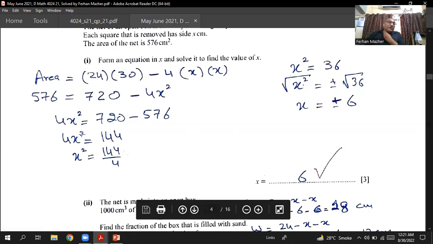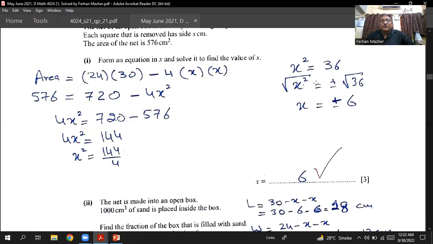So 4x squared will be equal to 144, x squared will be equal to 144 divided by 4, so x squared will be equal to 36. We take the square root on both sides, so x will be equal to plus or minus 6. We will take the positive value because x is the side of that square, so it's positive.